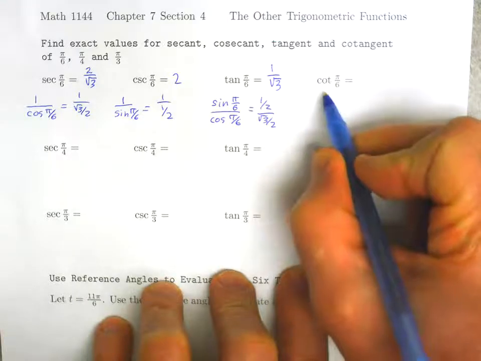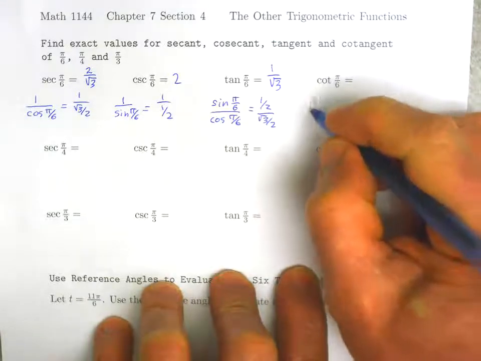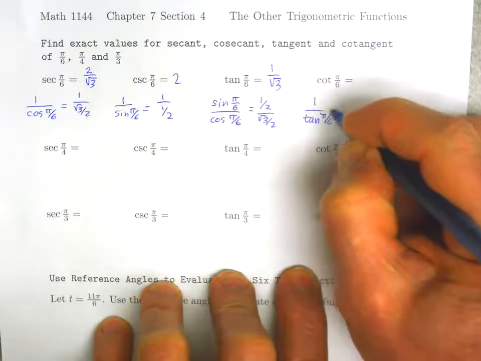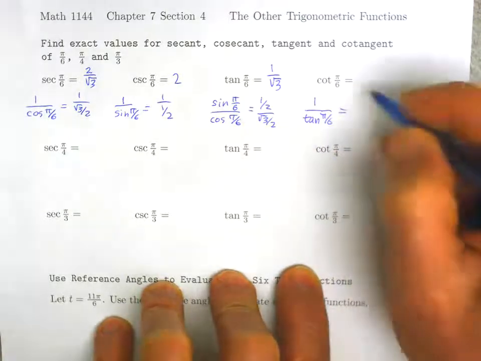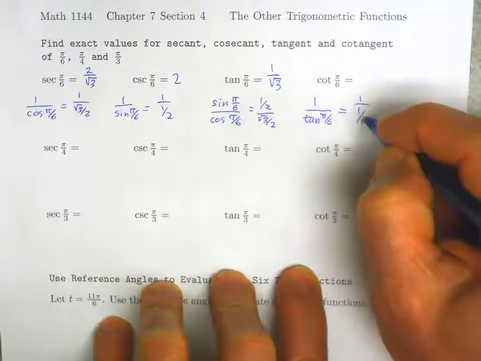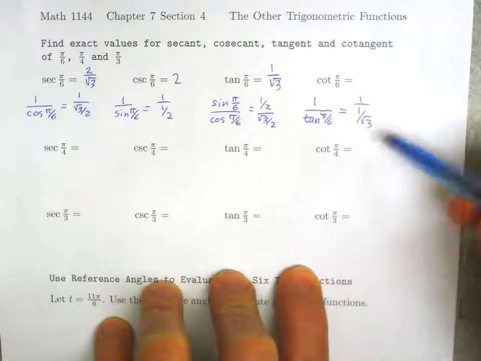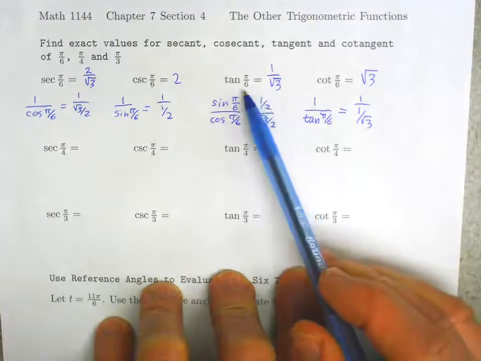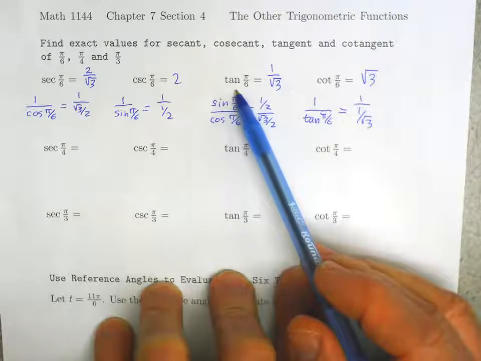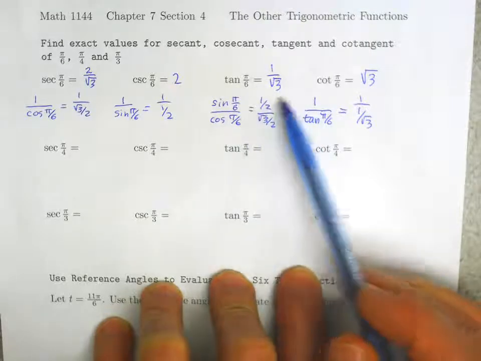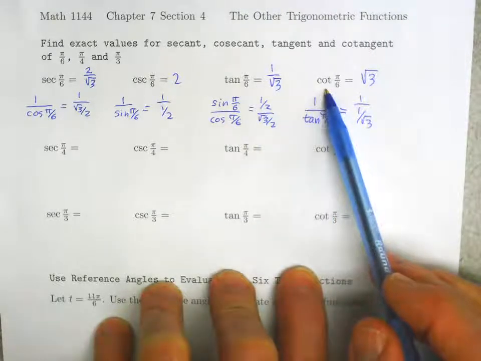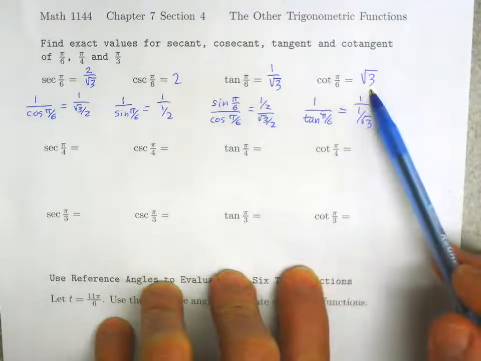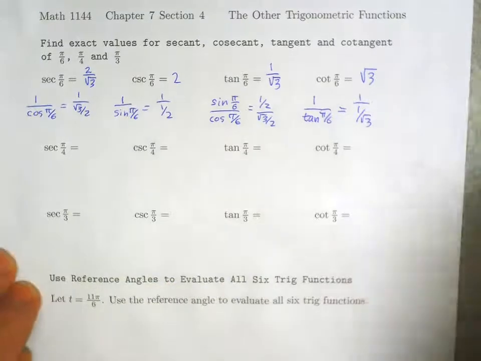So cotangent of pi over 6 is 1 over tangent of pi over 6, or 1 over 1 divided by the square root of 3. When you simplify that, you just get the square root of 3. We could have done that directly, since the tangent of pi over 6 is 1 over the square root of 3, and cotangent is the reciprocal of tangent. We could just write down the reciprocal, square root of 3.